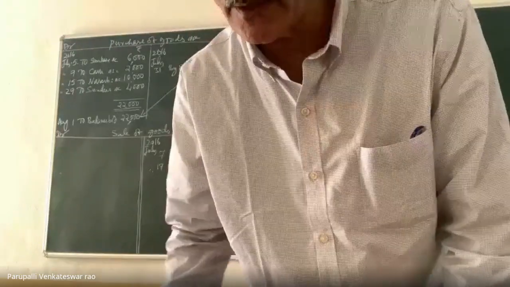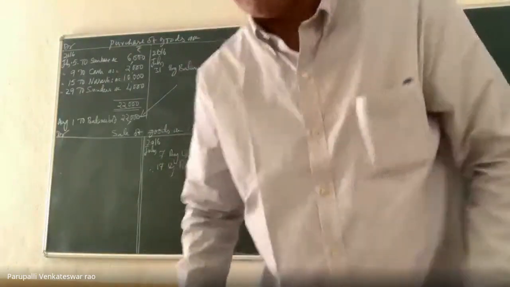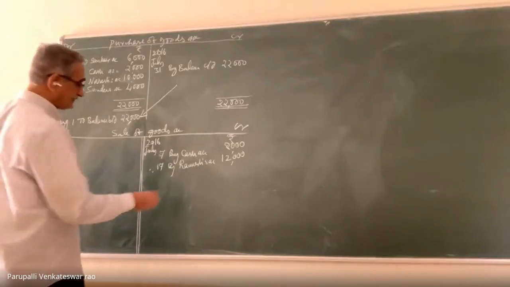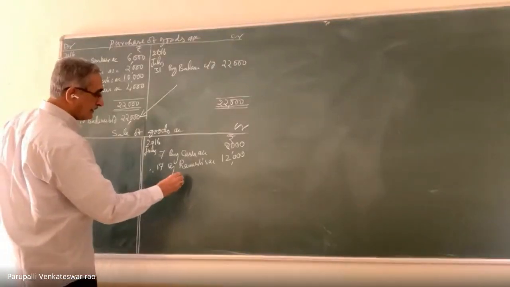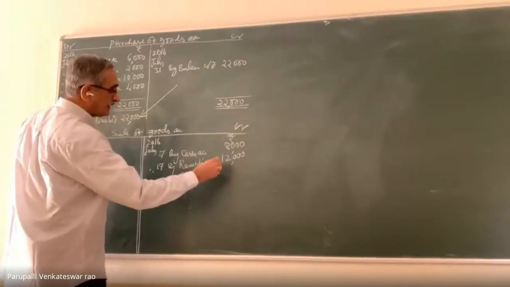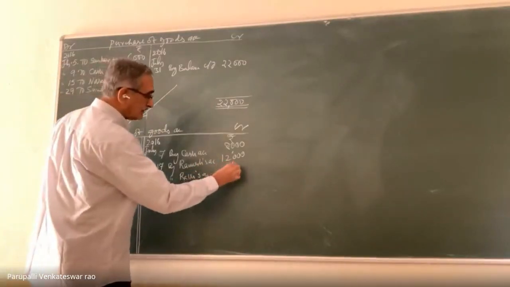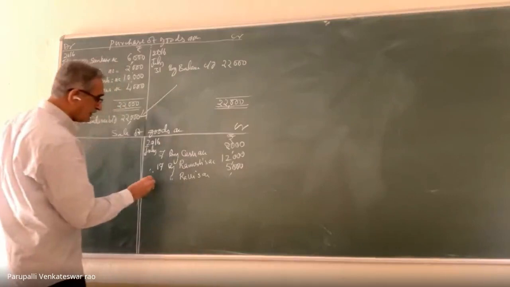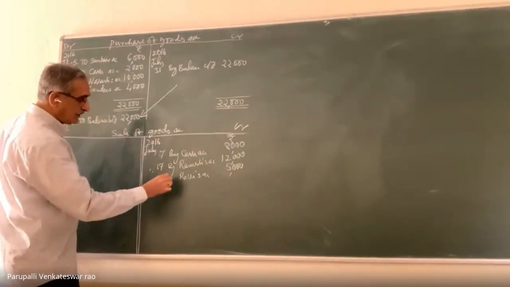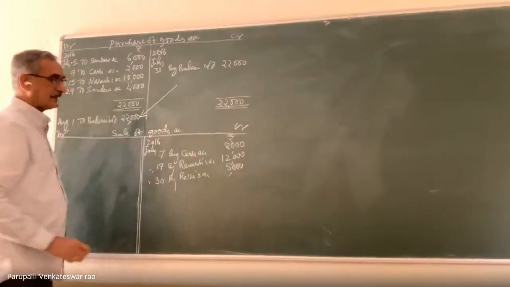We have sold goods to Ravi for 5,000. The entry is Ravi account debtor to sales account, by Ravi's account, rupees 5,000. Date is 30th.